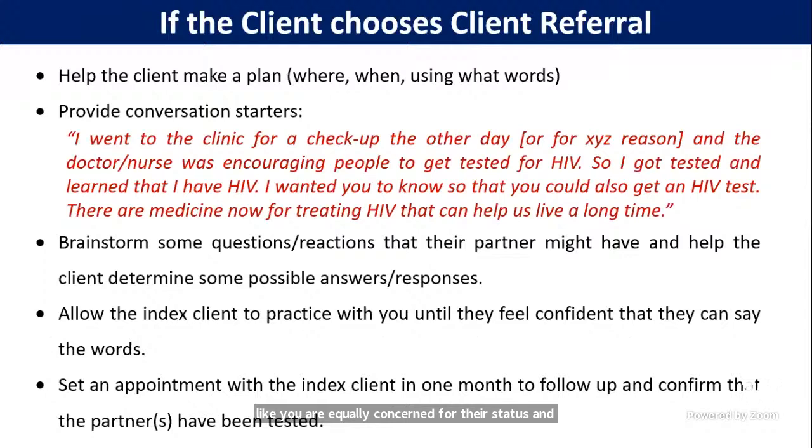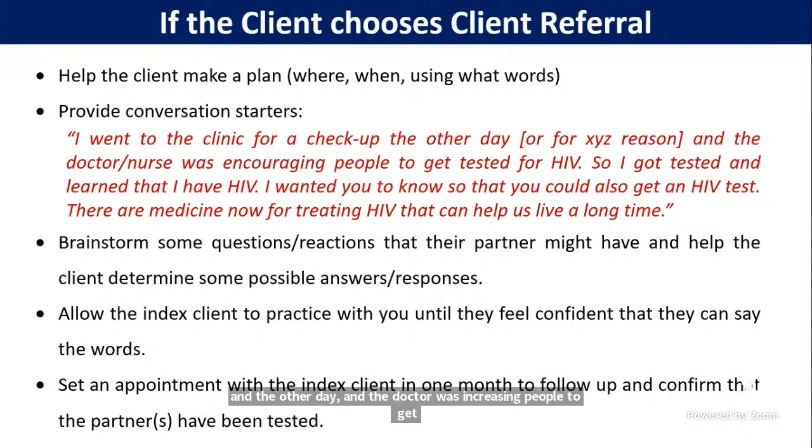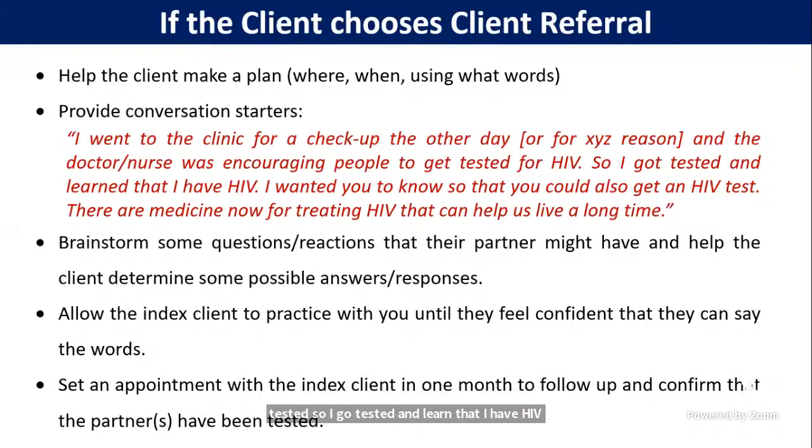This is just a recommended language. If you are working with the client and they choose client referral, this is the language you can use without revealing your status. For example: I went to the clinic for a checkup the other day, and the doctor was encouraging people to get tested. So I got tested and learned that I have HIV. That is if you want to disclose your status; if not, then the language can be different.